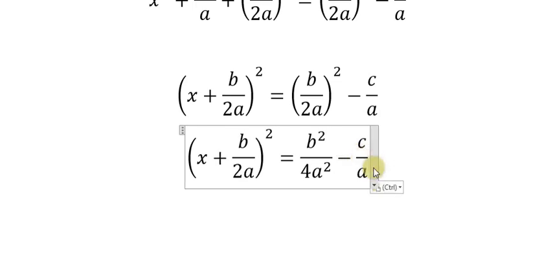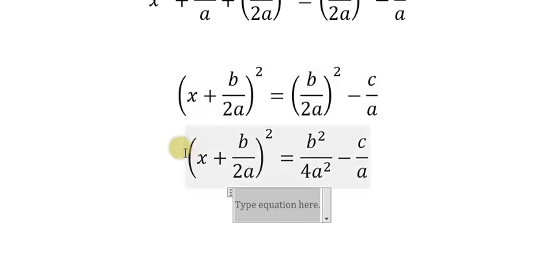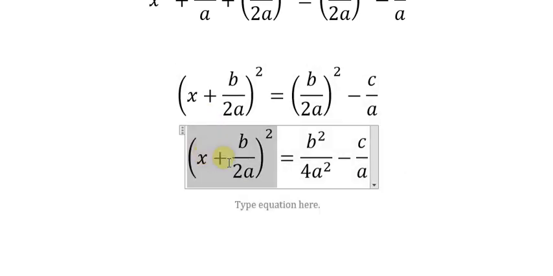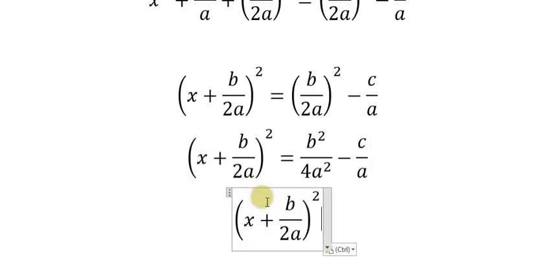Good. At this point, the next thing we do is to simplify the right side of the equation. So we copy from here. Now let's see what comes off here. Now remember, the LCM for this side is 4a squared already.